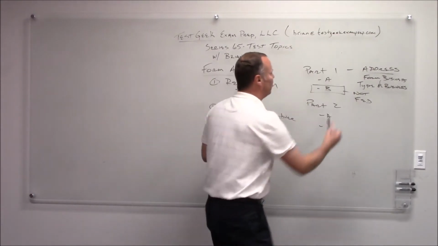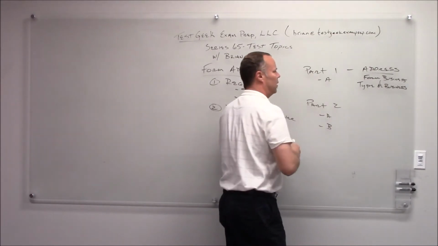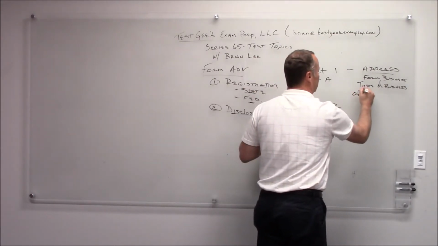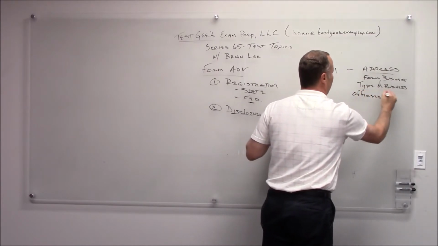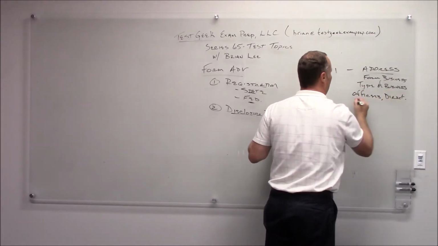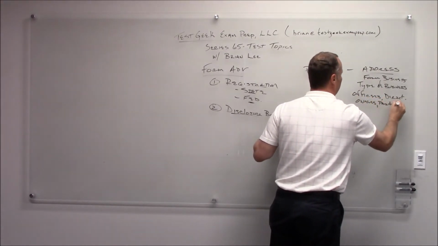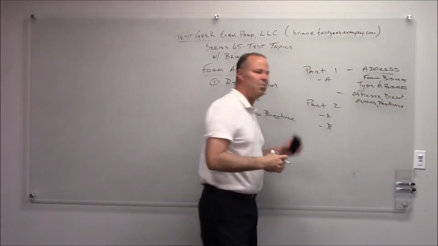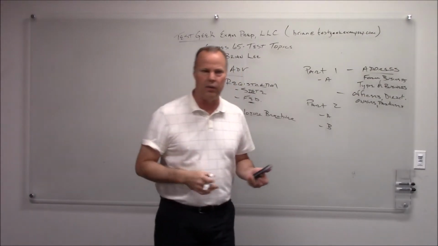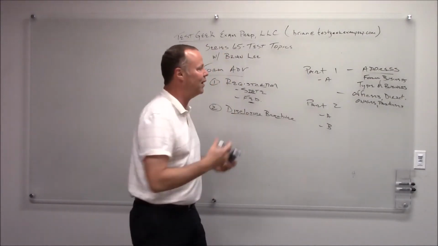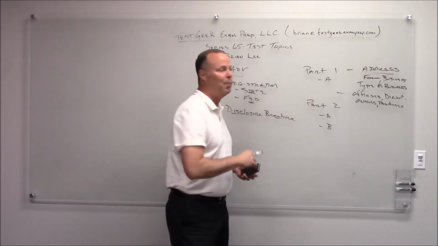Also, information about the officers, directors, owners, partners, whatever you want to call them, right? All the information, biographical background, any disciplinary action that might have been bestowed upon them.